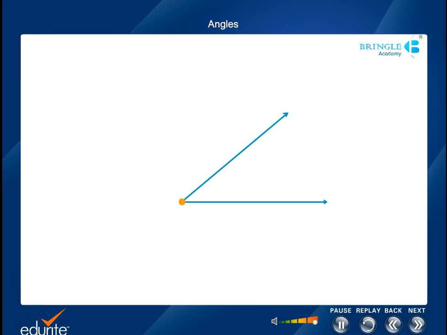The common end point of two rays or line segments forming an angle is called the vertex of the angle. The two rays or lines are called the arms or sides of the angle.